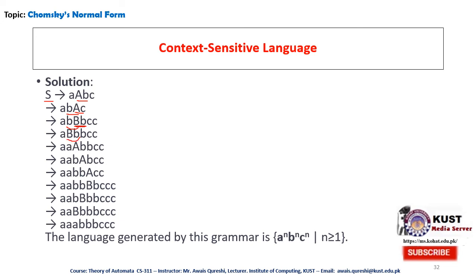So these are all the rules that need to be followed as they are. The language generated by this grammar is a power n, b power n, c power n, such that n is greater than or equal to 1. So this is a context sensitive language, and we have used those production rules one by one.